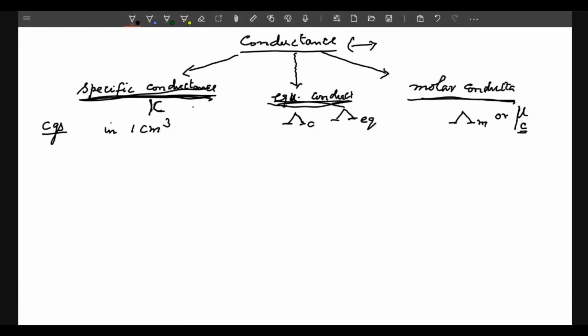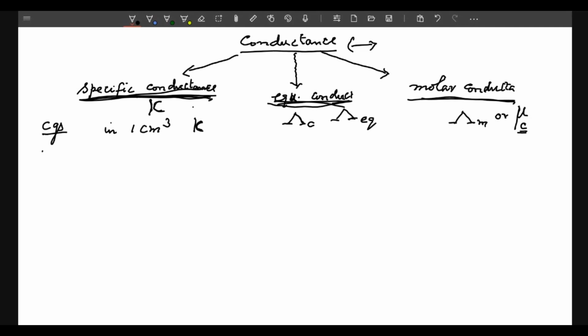Therefore, you take 1 ml of an electrolyte. What is its conductance? That we call the specific conductance, represented as kappa. It is just like K, but to differentiate it from K, we write it as kappa.